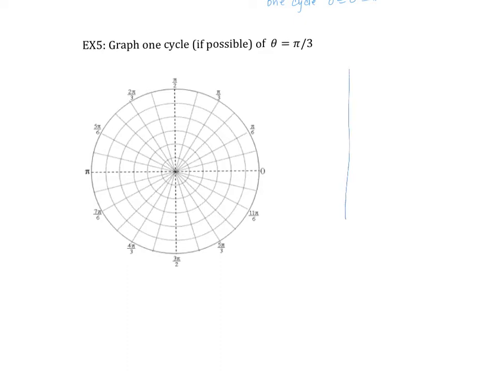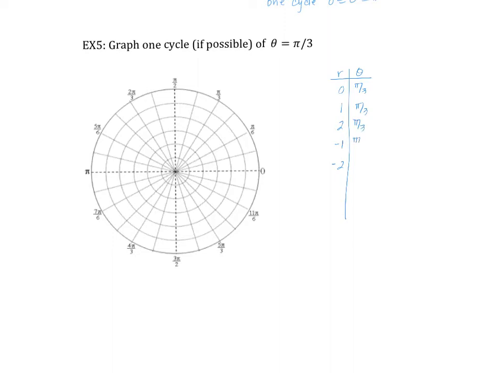I'm going to make a table of values, r and theta. Now remember, if theta is pi over 3, r can be anything. r could be 0, 1, 2, negative 1, negative 2. It doesn't really matter because theta is always pi over 3.